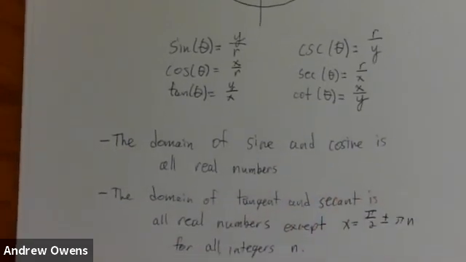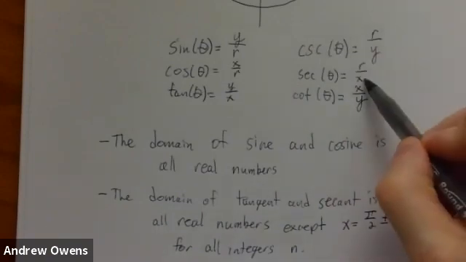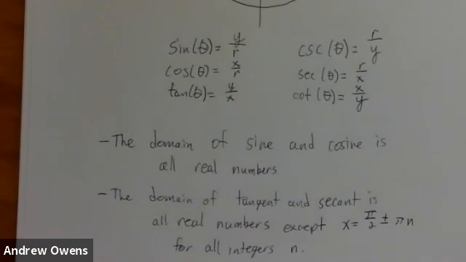And let's think about why that might be the case, right? What is secant and tangent? Well, in both of these, we have x in the denominator. So we cannot have x being 0.